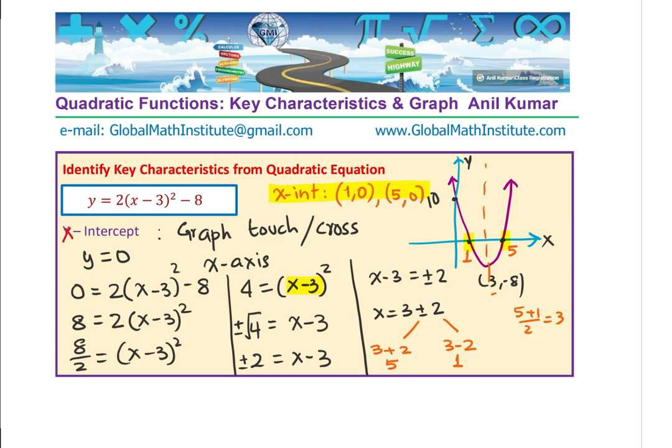It's fairly accurate. Perfect. We have the vertex, we have the x-intercepts and also the y-intercept. So we have the graph from these key parameters. And that's why we say identify key characteristics from quadratic equation and graph. So this rough sketch is now a proper graph for you, which will fetch you full marks.